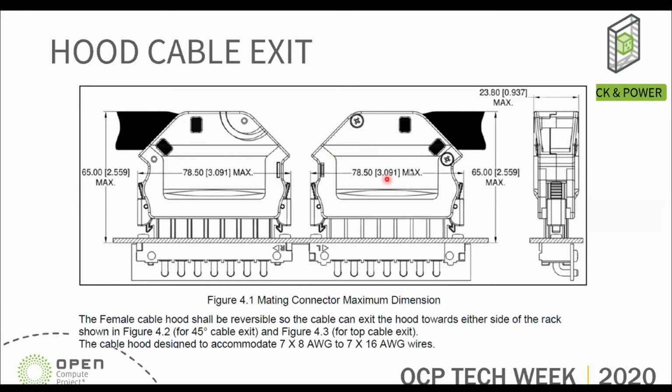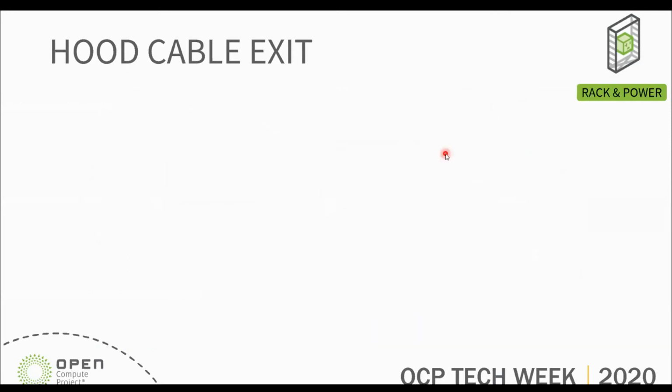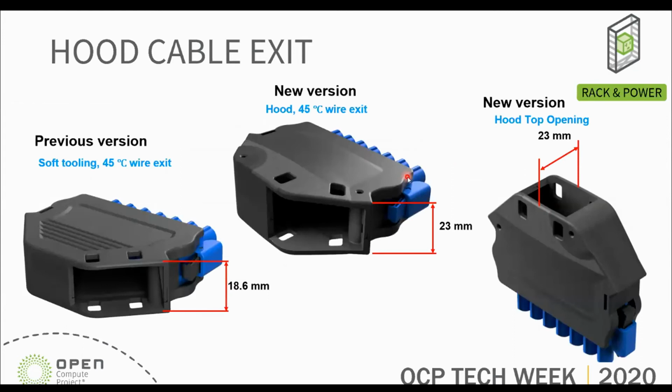If you look at the cable exit for the left and right connector, the cable exits at a 45-degree angle from the connector, and the request was to have a more flexible cable exit.